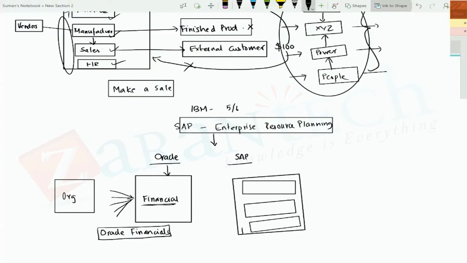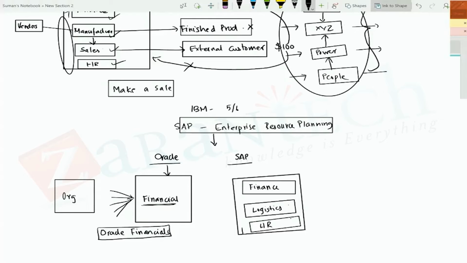The first bucket focuses on finance. The second bucket focuses on logistics. And the third bucket focuses on human resources. They knew that for any organization you take, these are the main buckets of information.